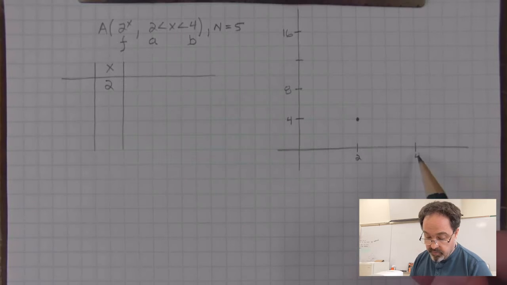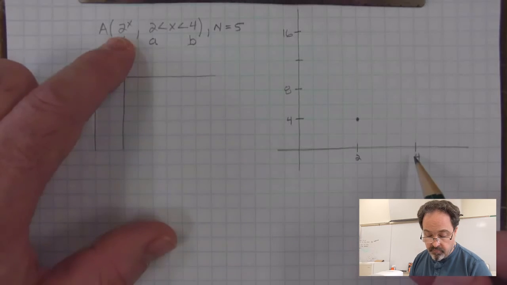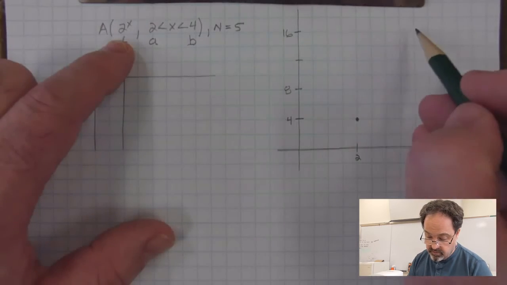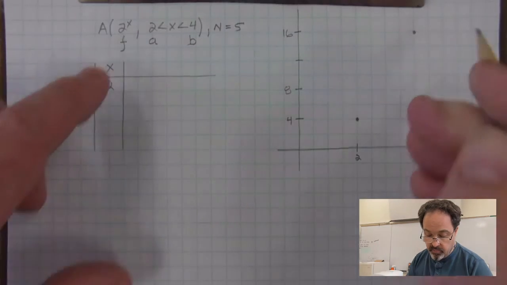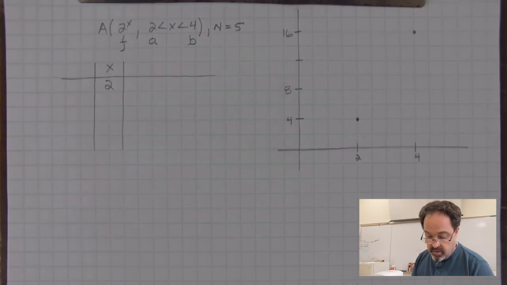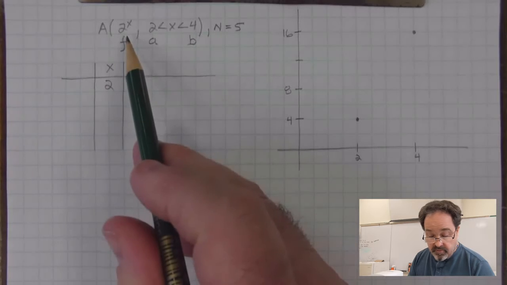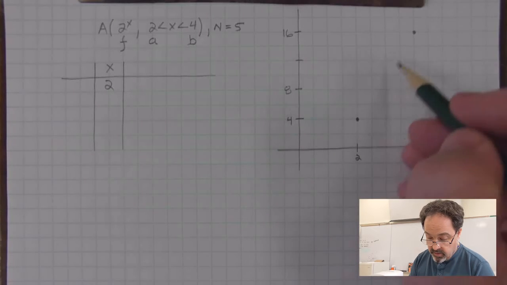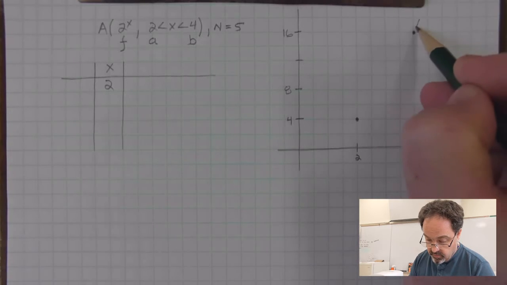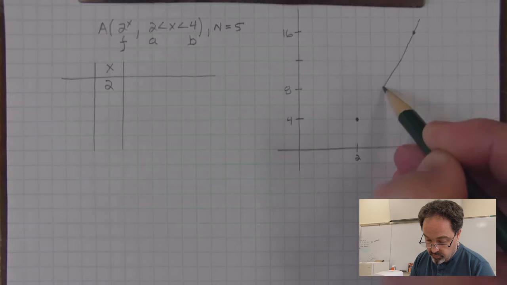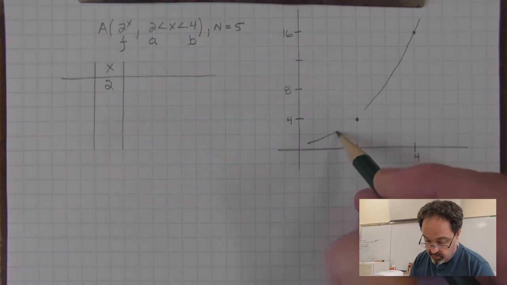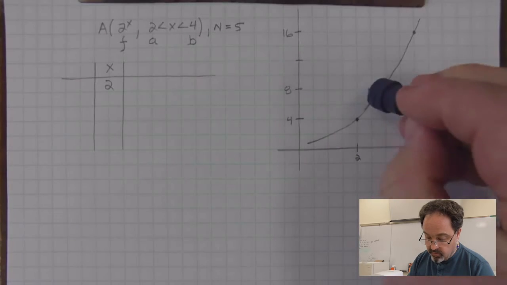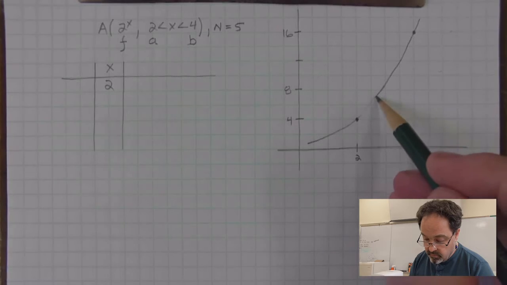If I put 4 into my function, the value of 2 to the 4th is 16, which allows me to plot that point. Now I know my function is exponential, so if I've got these 2 points, I can sketch an exponential curve that passes through them to approximate my graph of f.